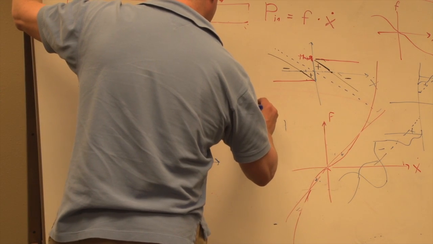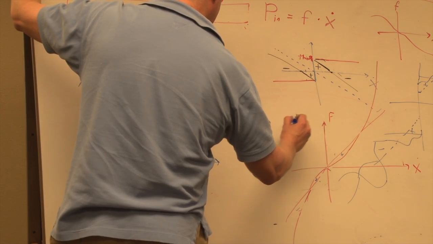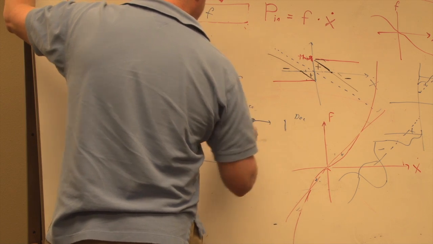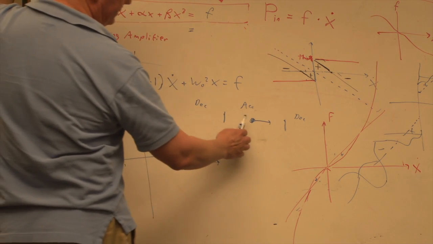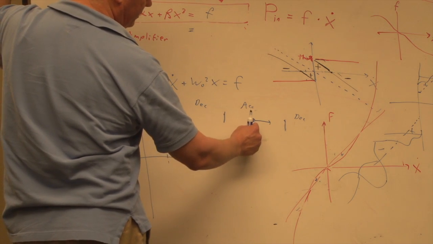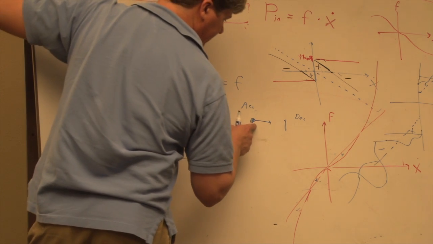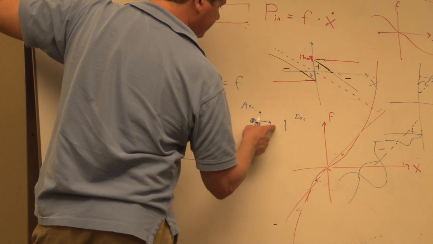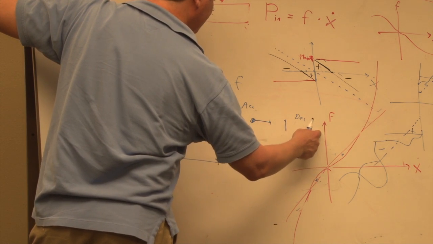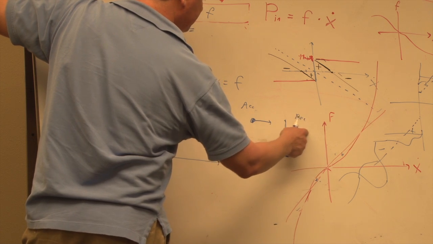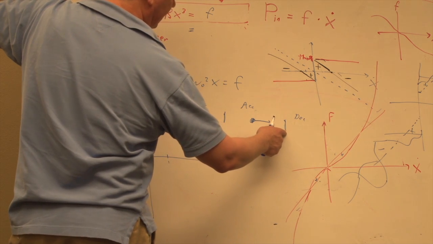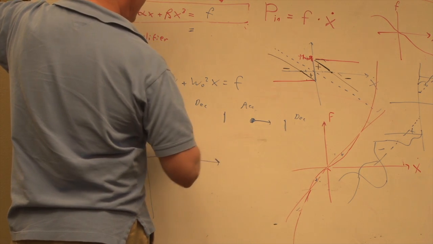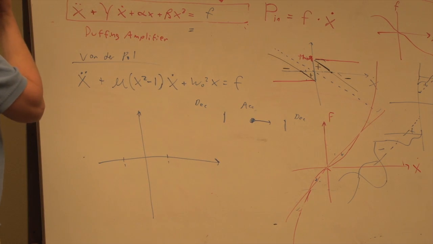So here accelerate, here decelerate. And you can see why that would oscillate too. Once you get moving a little bit, you just keep increasing your velocity, speed up, speed up, speed up, and whoa, put on your brakes. But now your spring's pulling you back, and then whoa, accelerate, and you get oscillation.